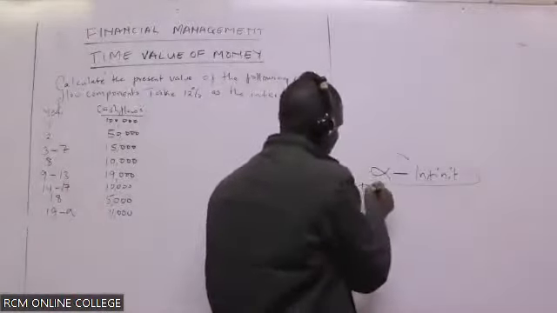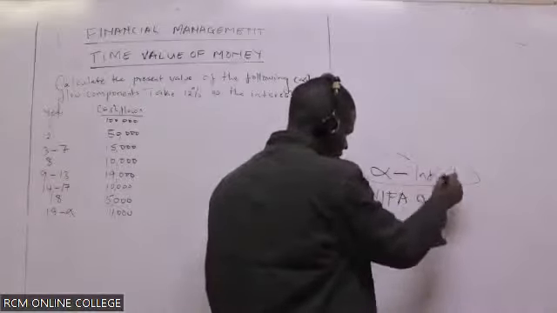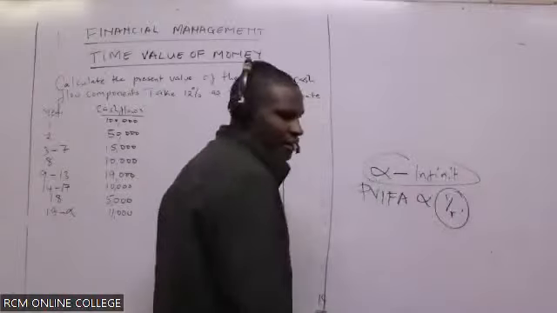And to get the present value interest factor of an annuity of an infinite, we say it's 1 over R. Please write that down.